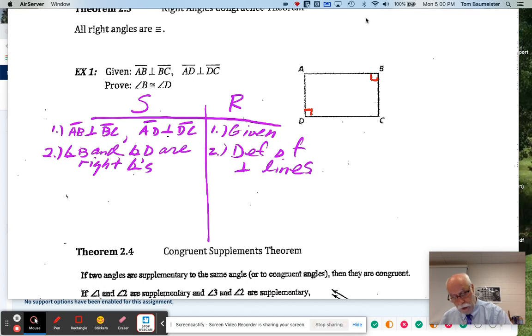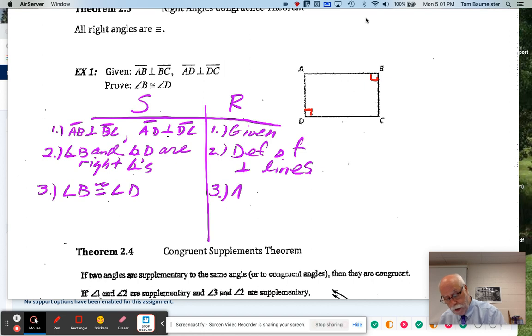All right, so now remember yesterday I said if we can say is or are, usually our next reason will be by definition. And now since we just stated that they are right angles, we can state then that they are congruent to each other by the above theorem, which we were just trying to prove.